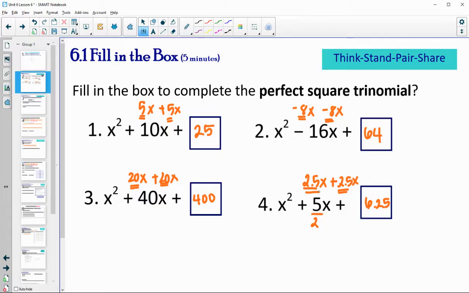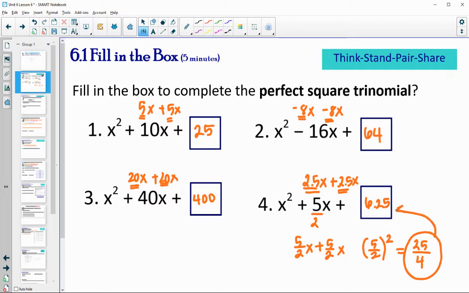Another way you could have done that was just leaving it as the fraction, 5 divided by 2x and 5 divided by 2x. So then we could have taken 5 divided by 2 and squared it to get this. So as a fraction, 5 squared is 25 over 2 squared is 4. So this would also work in here.